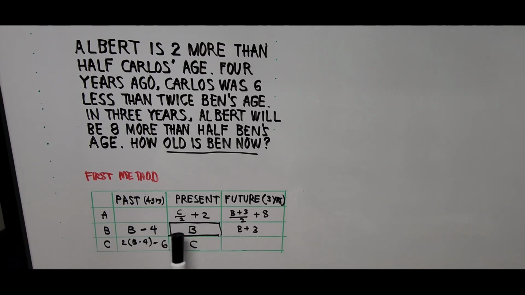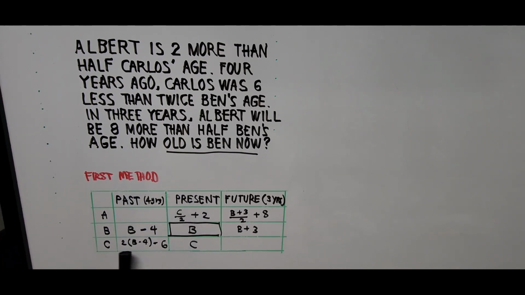If we take a look at the table, in the present and future columns, the difference between the future and the present is 3 years. So we can make an equation out of this. If we add 3 years to the present, that will be the value of the future age. The other equation would be from comparing the past with the present.